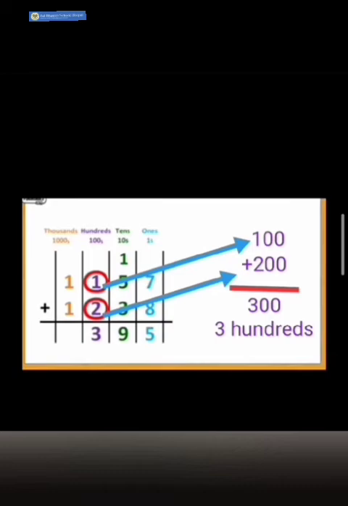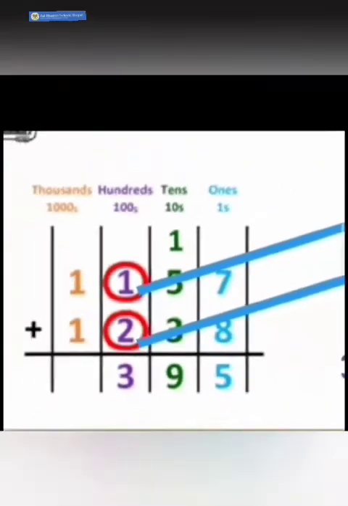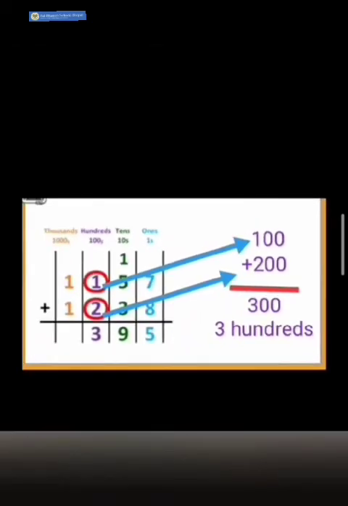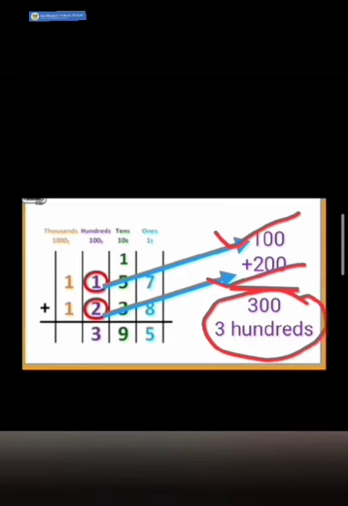Look at the hundreds column now. We have here 1 and 2. Value of 1 will be 100 and value of 2 will be 200. So 100 plus 200 will be written as 300 while addition. But in the hundreds column, we will write only 3 because we are already writing it under the correct place value.